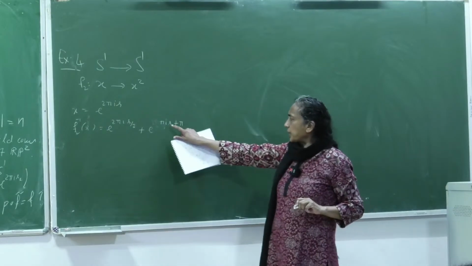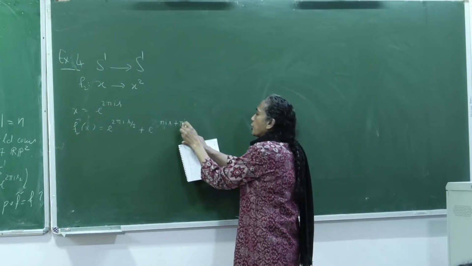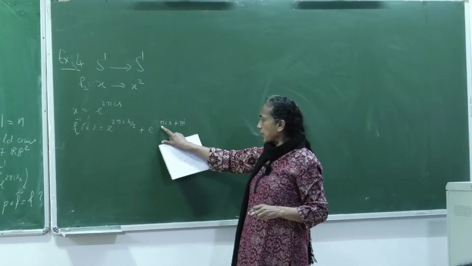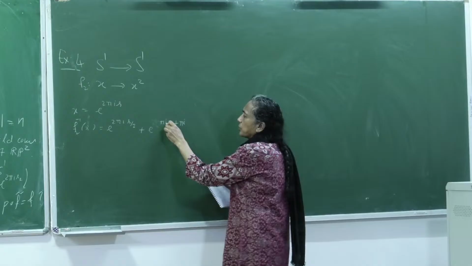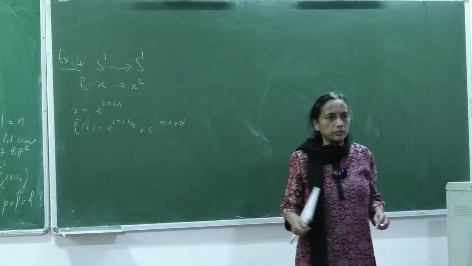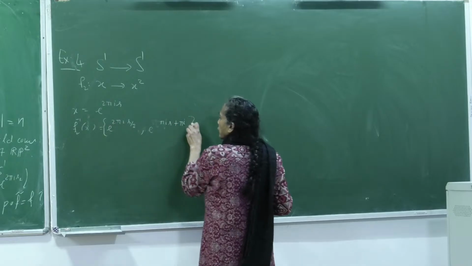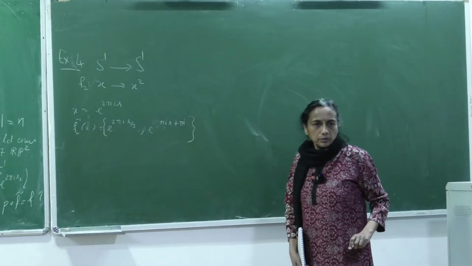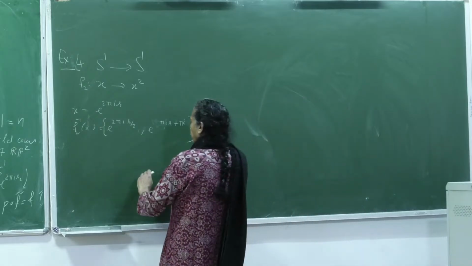If I double it, then 2 pi i becomes the identity, and this becomes 2 pi i r. So these are the two points, and this is a two-fold cover.